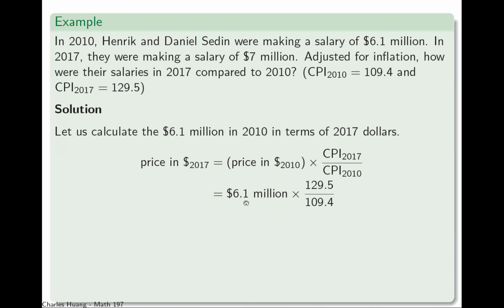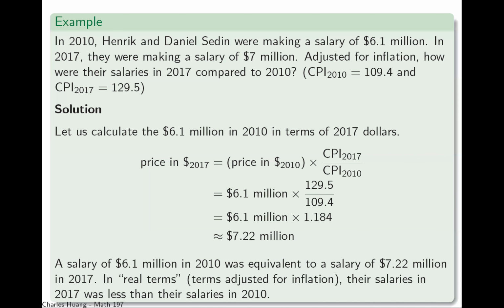So I will put 6.1 million here, and I will put the CPI from 2010 in the denominator. In the numerator, I put the CPI for the year that I want to change it to, 2017. Put everything in the calculator, and that's 7.22 million. So in fact, they were making a little bit more back then than they were in 2017. It's just that in 2017, there was inflation, so the numbers all got bigger.